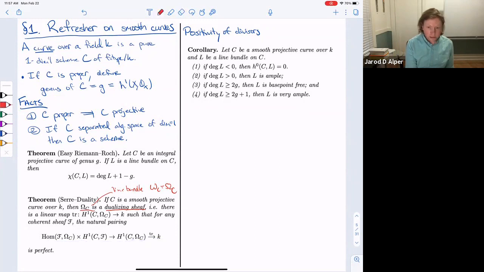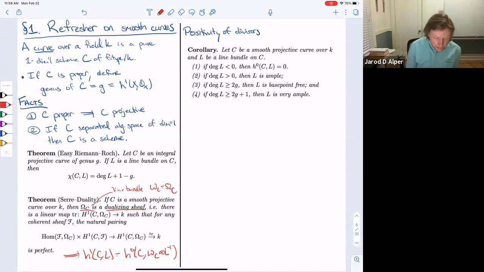In this context, what it tells us, in particular, is that H1 of a line bundle L is identified with H0 of omega C tensor L dual.